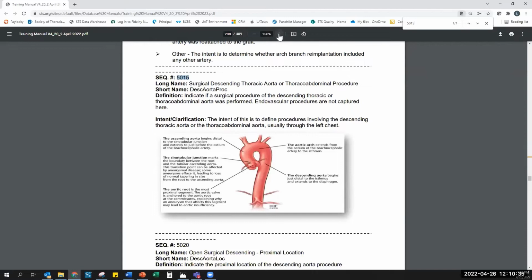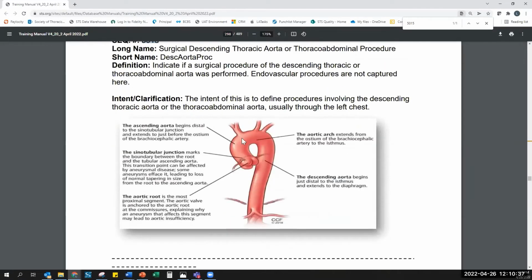Yes, ma'am. So you can see here where you've got the root starting, and then you go to the sinotubular junction, then you're going up to the ascending, you see your arch vessels there, then you're going into your arch. Then you're starting to go down into the descending thoracic, and then further down into the abdominal aorta.